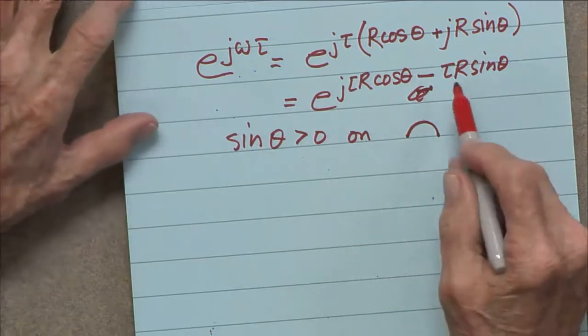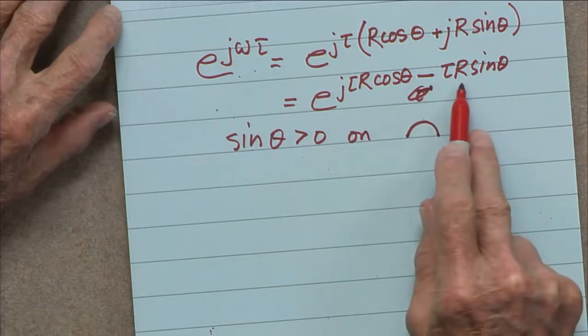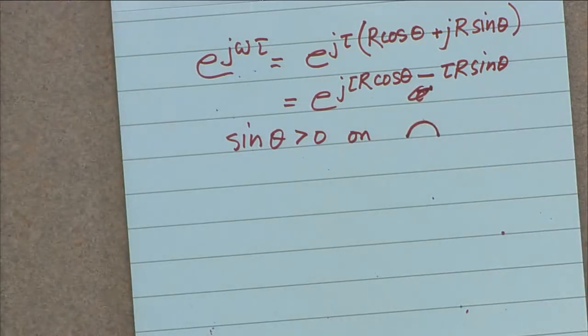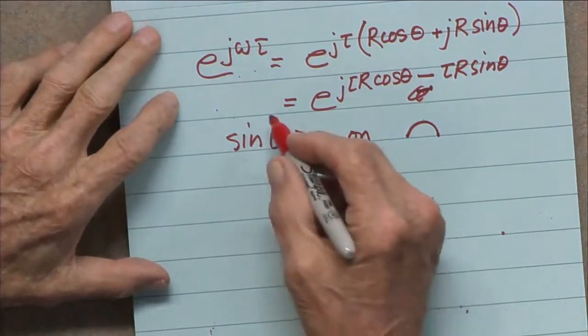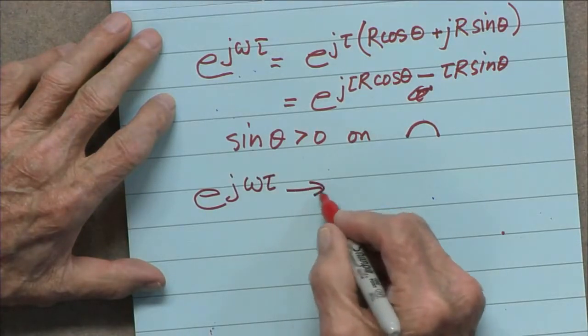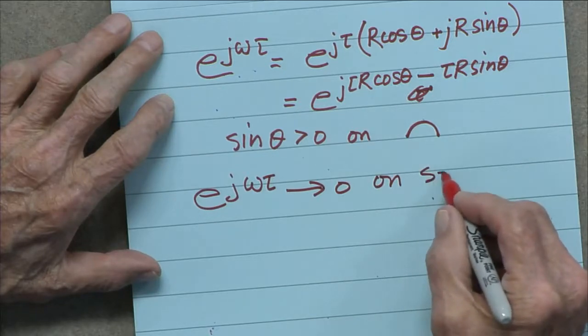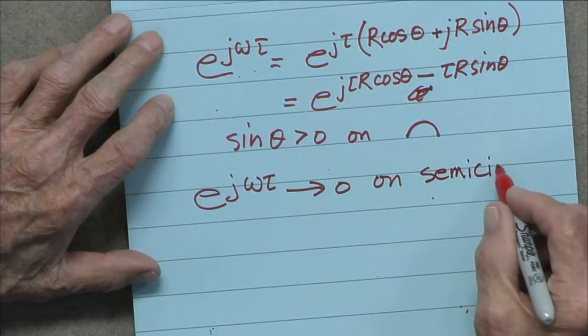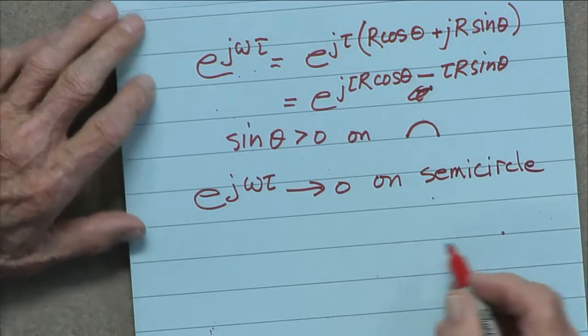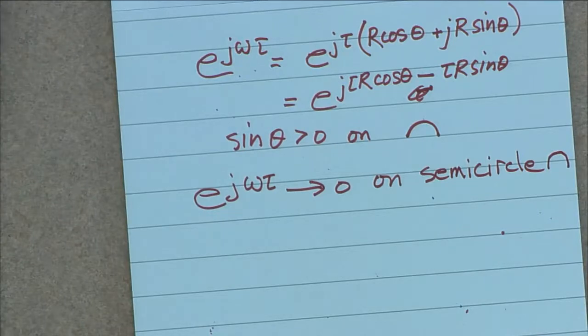And as r goes to infinity, what happens to the integrand? Goes to 0. And so e to the j omega tau goes to 0 on the semicircle. So we'd be okay.